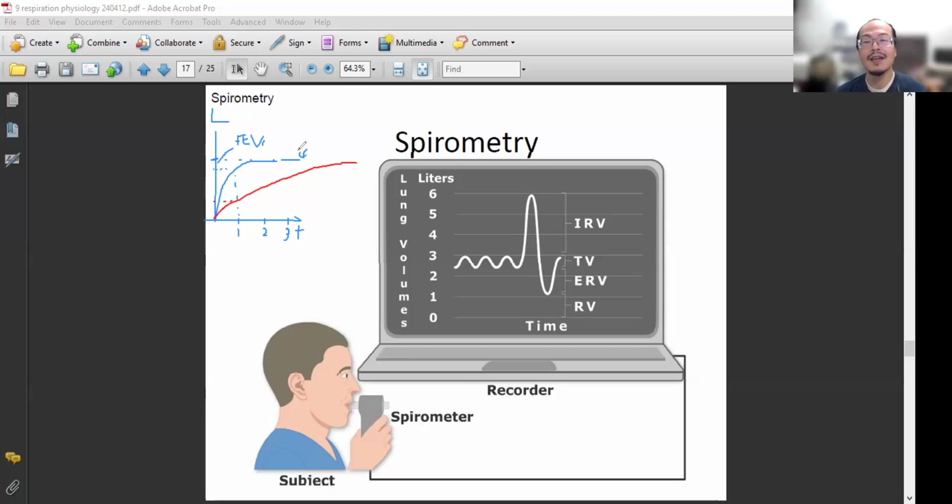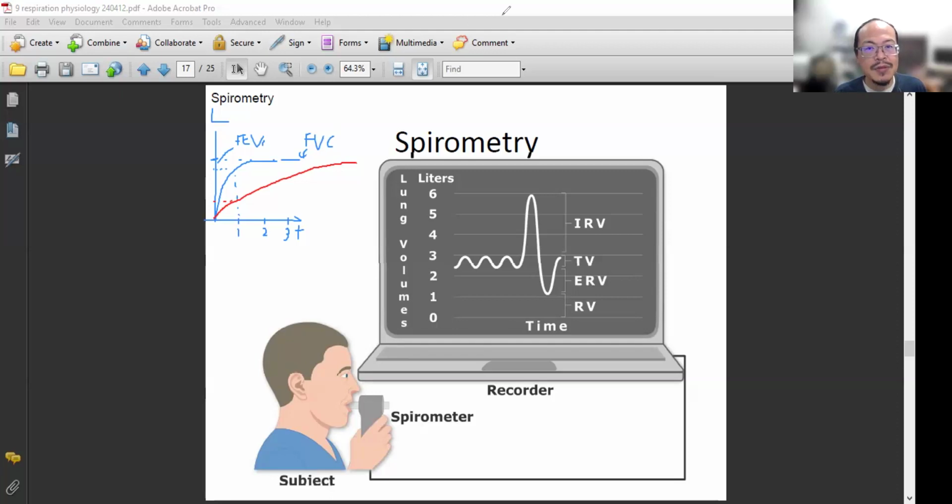So that's the vital capacity in a way, but here we call it forced vital capacity, FVC. This looks at the volume that your lung can hold. If your lung is restricted, you cannot expand, the forced vital capacity will be lower. So that's these two volumes.